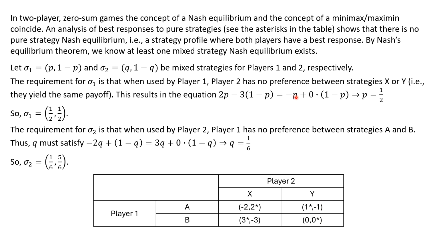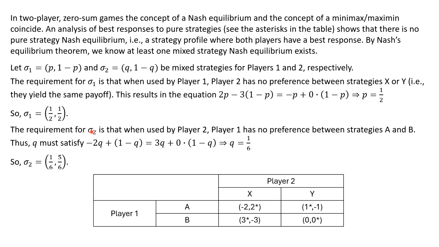So it would be minus 1 times P plus 0 times 1 minus P. And if you do the algebra, you'll find that P equals 1/2. So our probabilities for mixed strategy, sigma sub 1, is 1/2, 1/2.